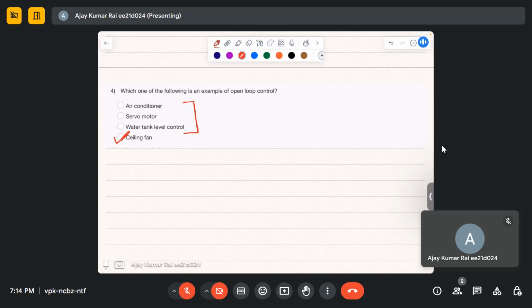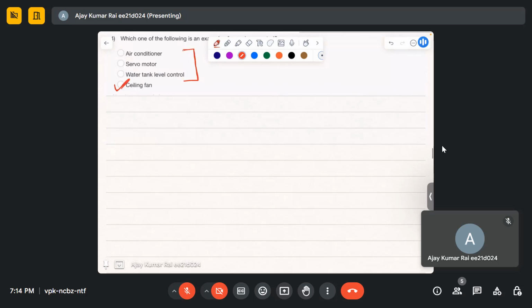In the air conditioner, you want to set the temperature to a particular value. The temperature sensor is constantly sensing the value, and if the temperature of the room is above or below that, it will get the feedback and control the current or voltage so as to maintain the temperature. Similarly with the other two cases.